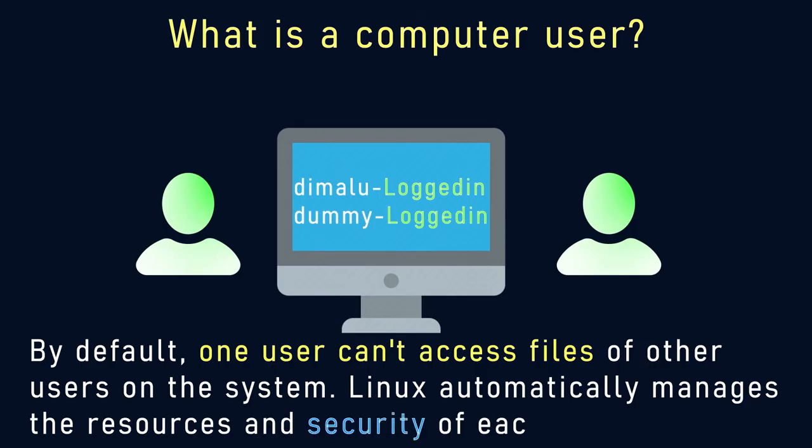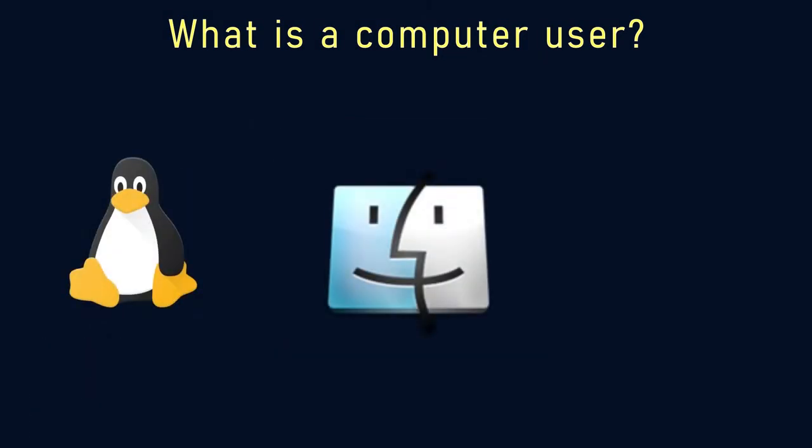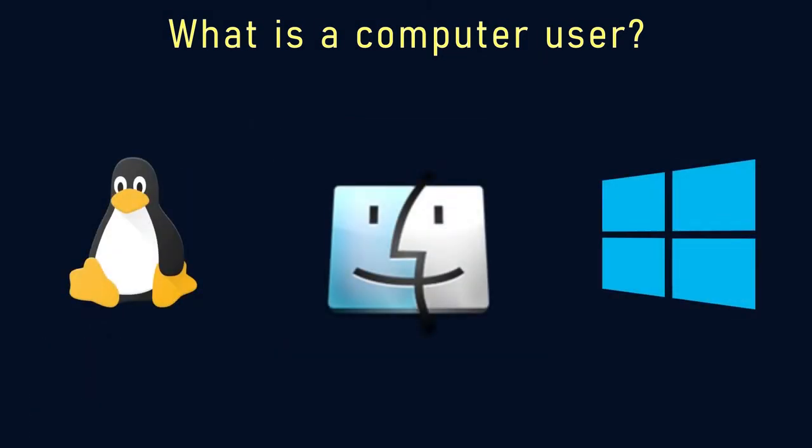Linux automatically manages the resources and security of each user account. Linux, macOS, and Windows are all multi-user operating systems. You can create multiple user accounts in each of these systems. In the upcoming videos, you will learn how to create and manage multiple user accounts on Linux practically.